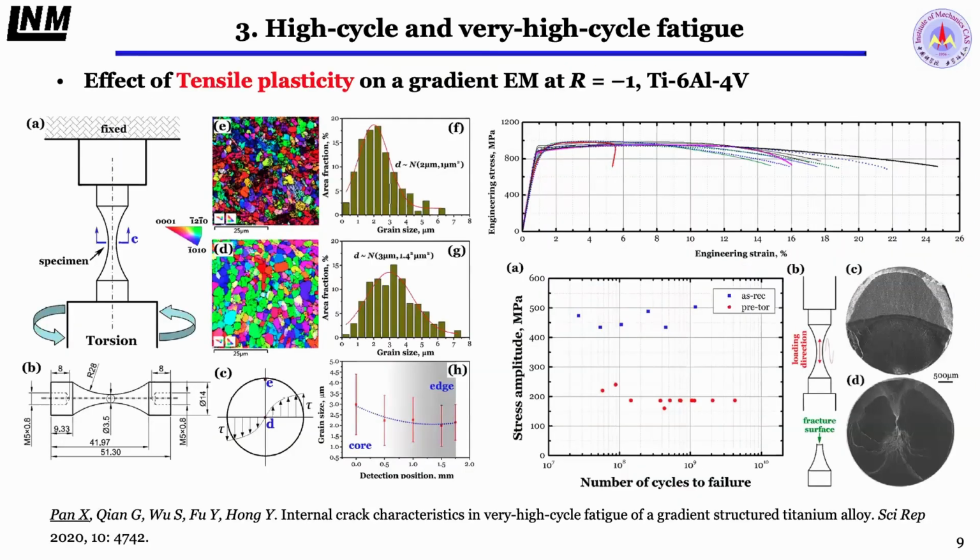Now we talk about the tensile plasticity on equiaxed microstructure. We developed a method based on pre-torsion, like this. This is the specimen. We fix one end and apply torsion at the other end.